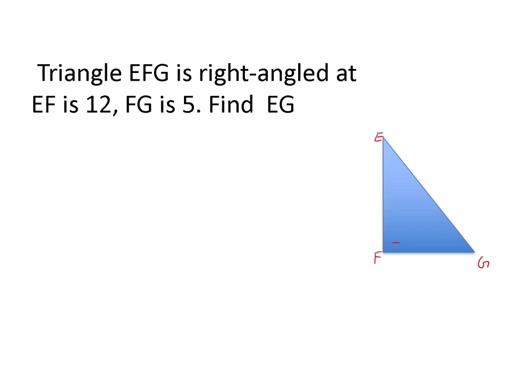So F is the right angle. Now they say EF is 12. Now this length EF is 12 centimeter. FG is 5 centimeter. We need to find EG. So we are looking for EG. Alright.